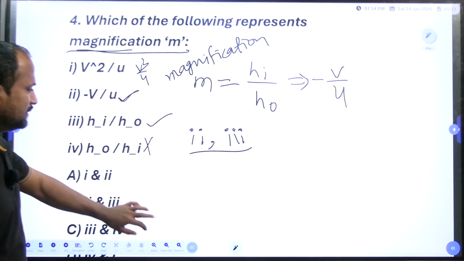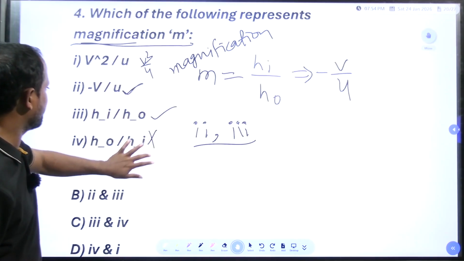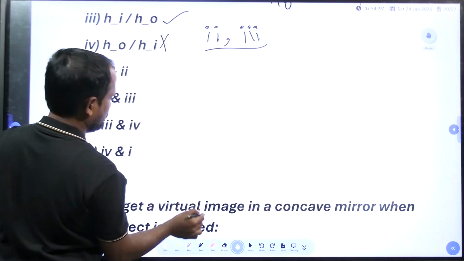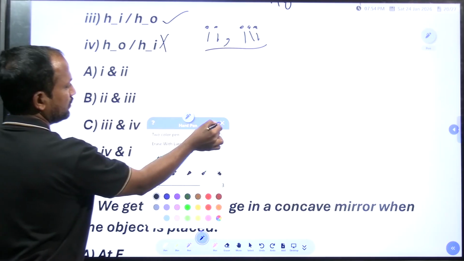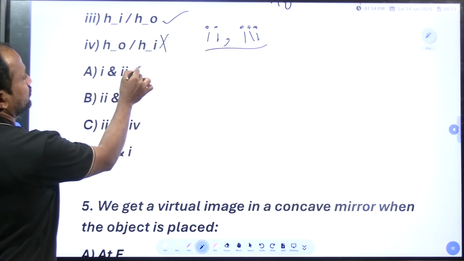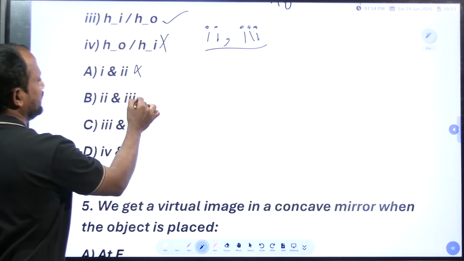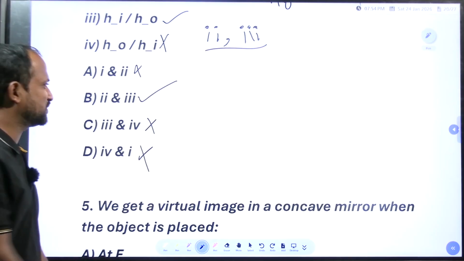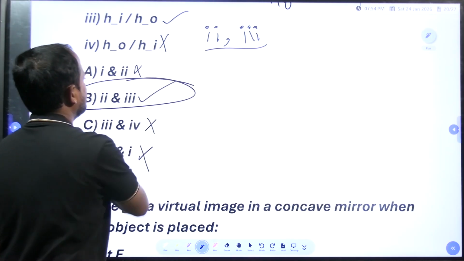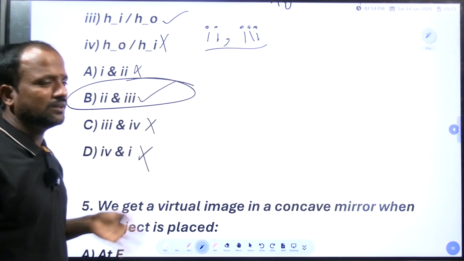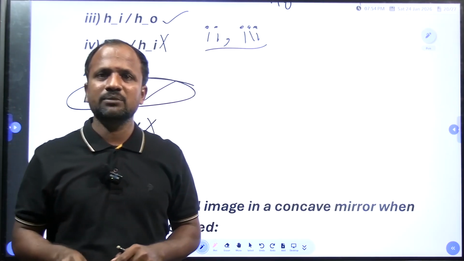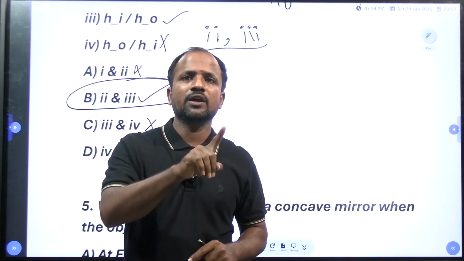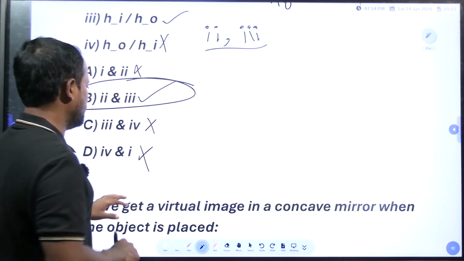Once observe here: 1 and 2 wrong, 2 and 3 correct, 3 and 4 wrong, 4 and 1 wrong. So you have to choose option B, that is the second and third. Then that is the formula, magnification m is equals to hi by ho is equals to minus v by u. Okay, so next question.